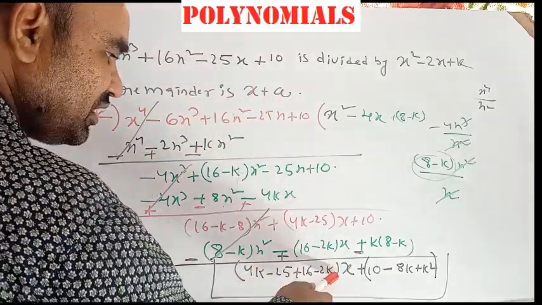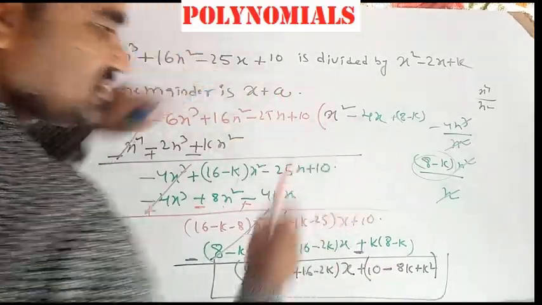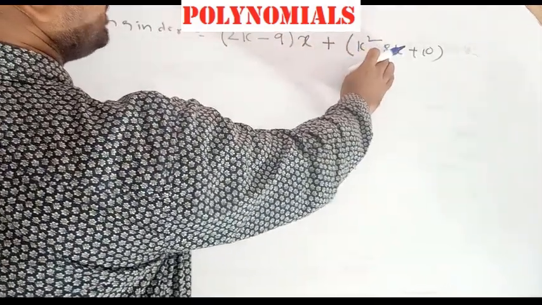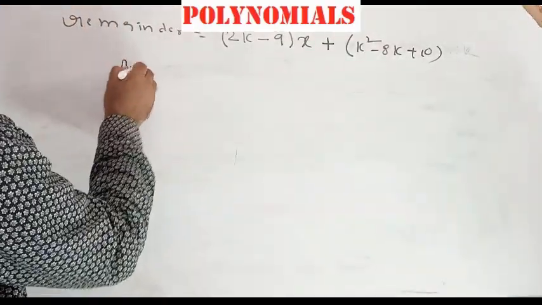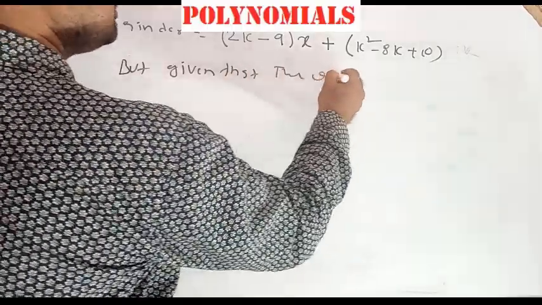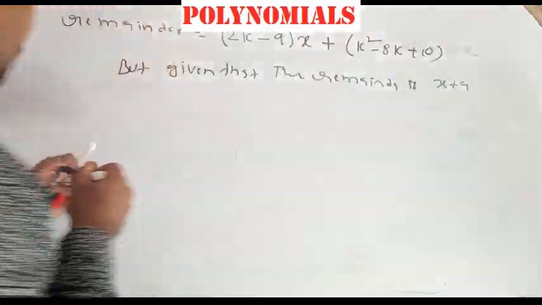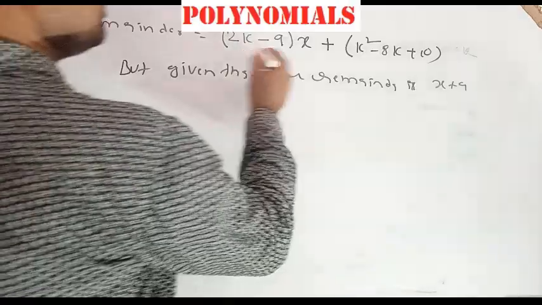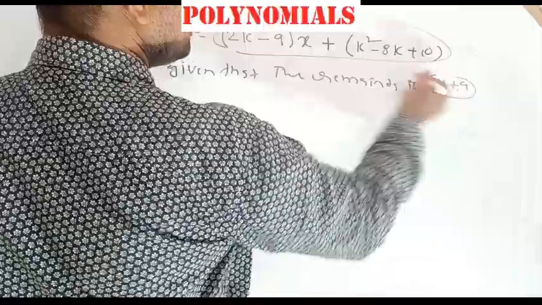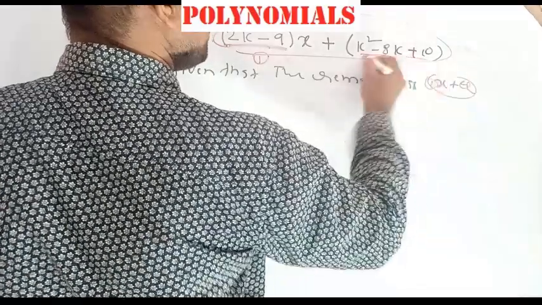Our remainder is (2k - 9)x + k^2 - 8k + 10, but it is given that the remainder is x + a. These two should be the same, so the x coefficient should be equal to 1 and this total value should be equal to a.